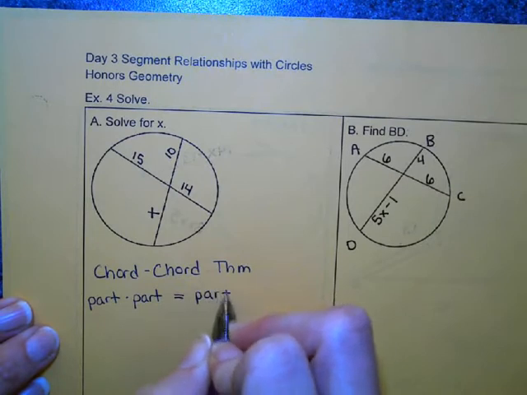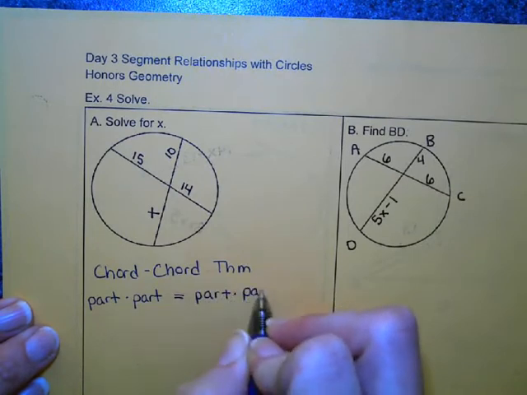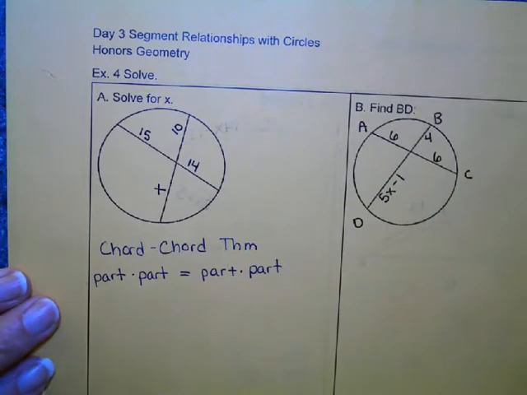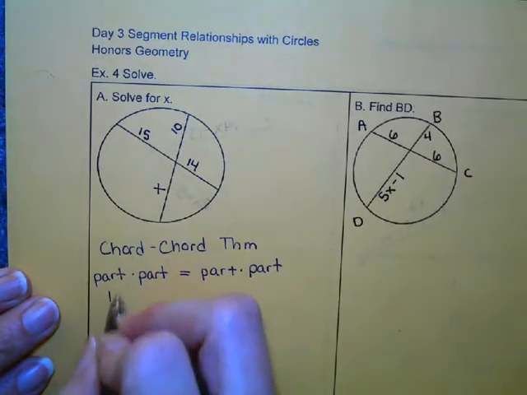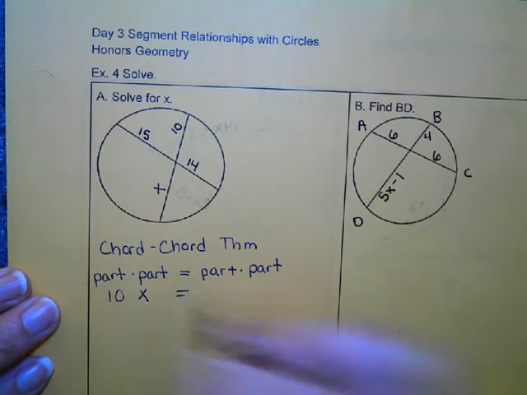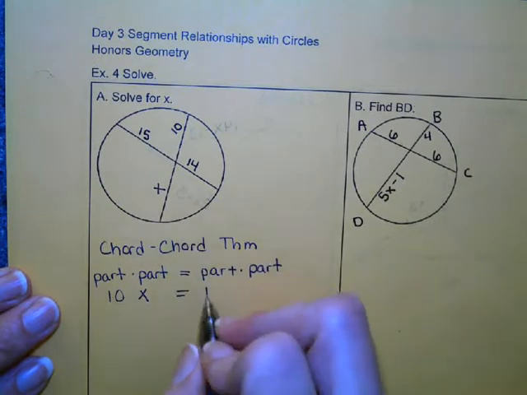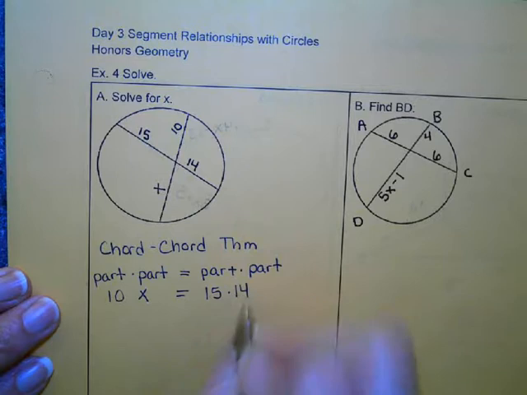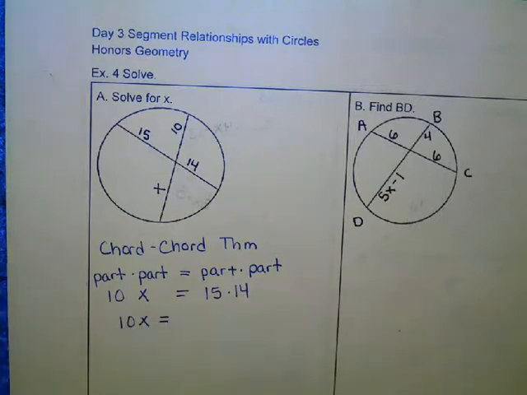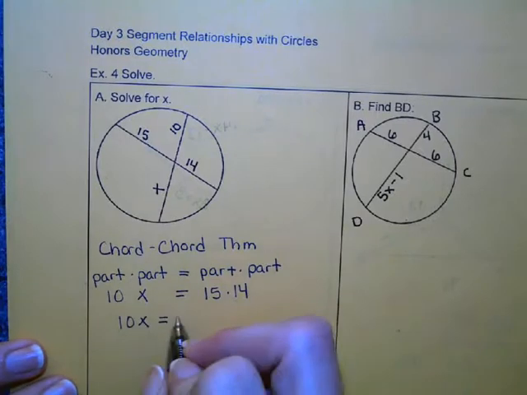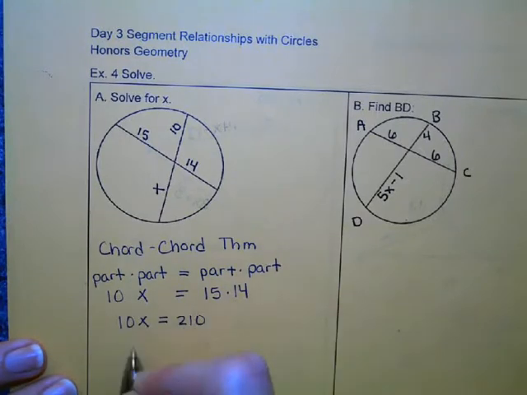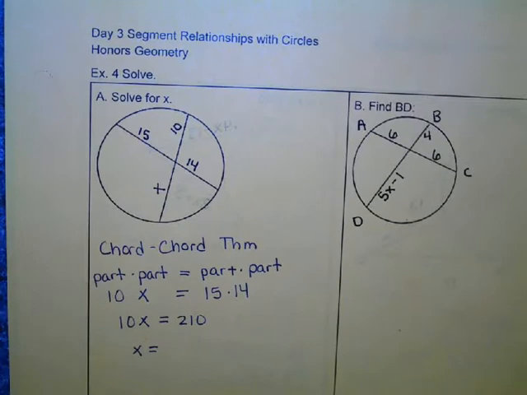That means the two parts that make up the one chord, so like x and 10, we could do 10x, is equal to the other two, so like 15 times 14. 15 times 14 is 210. And we'll divide by 10 to get x by itself.